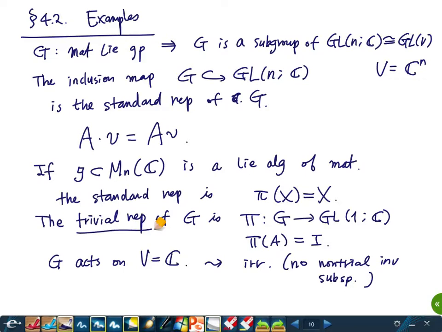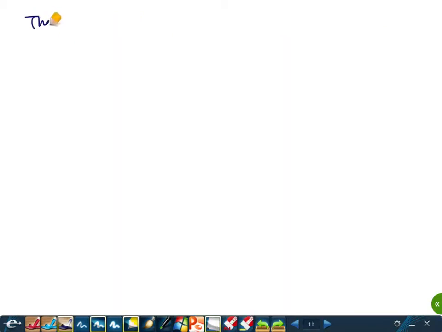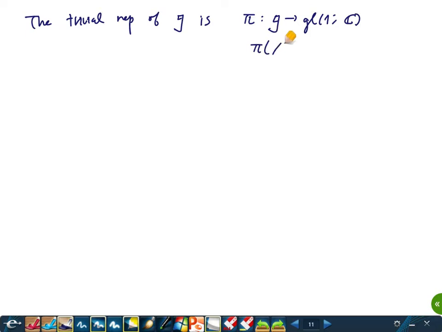Okay, what about the trivial representation of a Lie algebra? That's not exactly the same. So let's talk about that. So the trivial representation of a Lie algebra g is like this: g to GL1C, where we define pi of x to be just the 0 map instead of the identity.